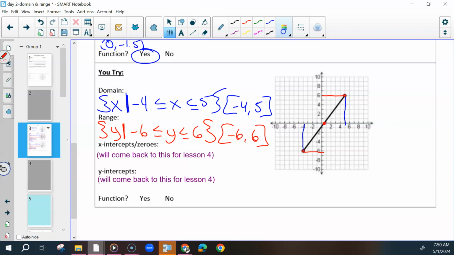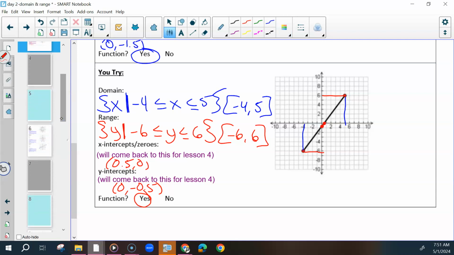Mine is like in between. Y-intercept. So if yours goes through 0, 0, yes. Mine does not. Is this a function? Yes. Most linear functions are, unless it's a vertical line, then it's not. Do you have any questions on that one?